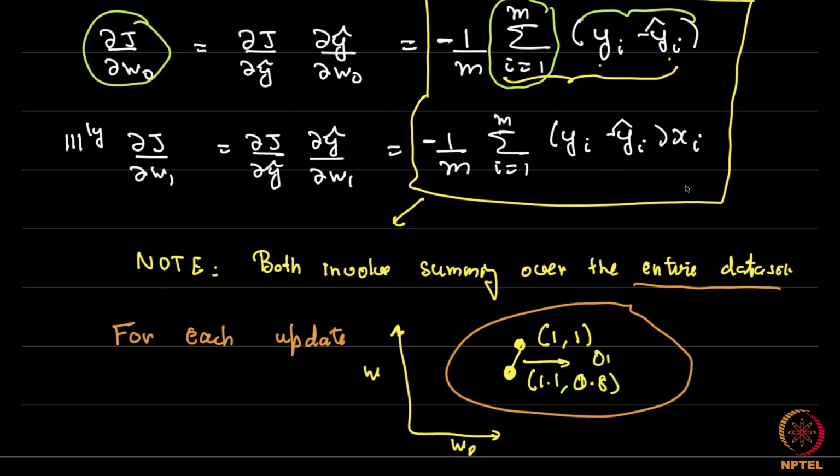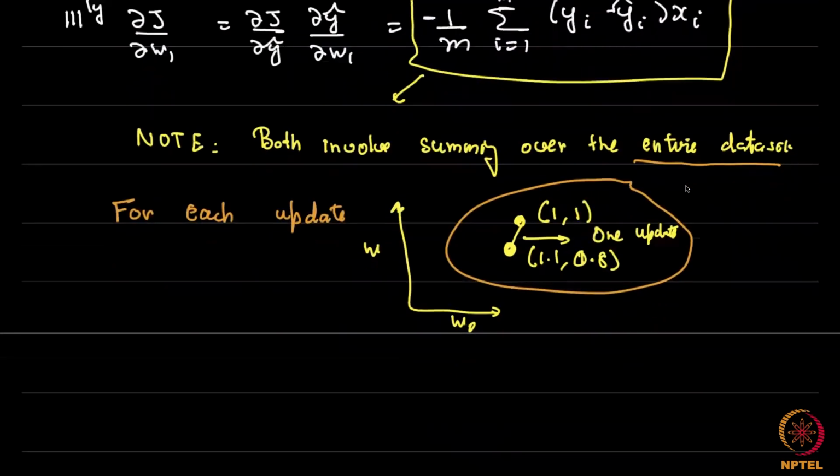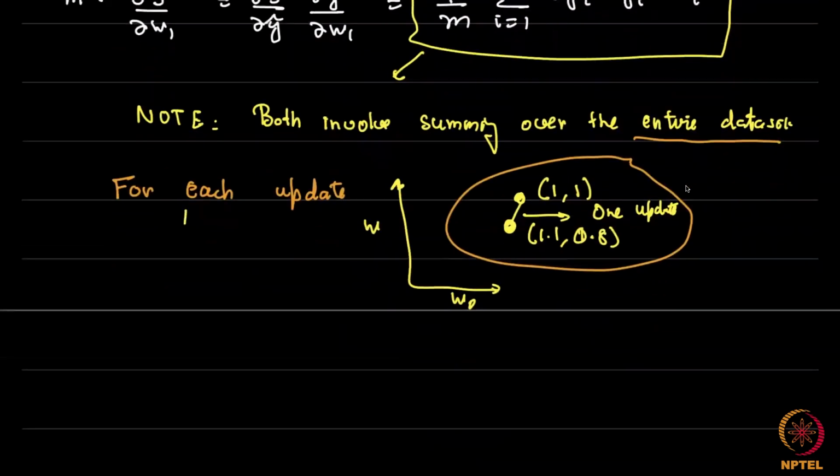This is one update. One update means W0 has been updated. You have made a new guess for W0, and W1 has been updated and you have made a new guess for W1. But for one update, we require to sum up over the full data set.